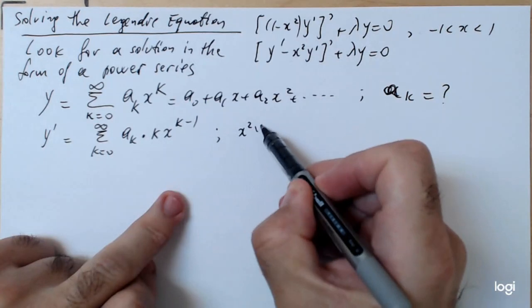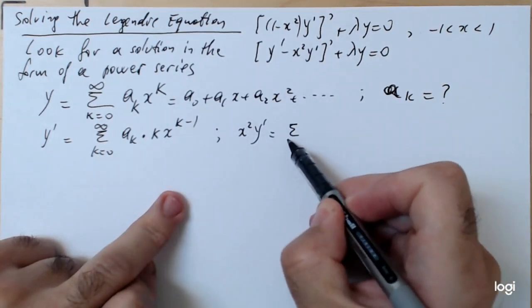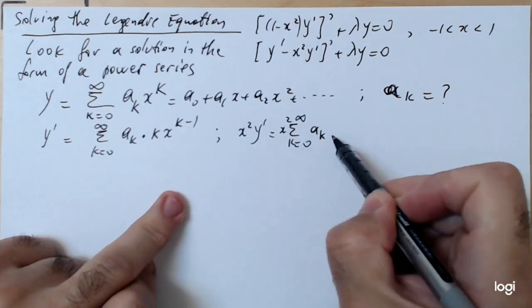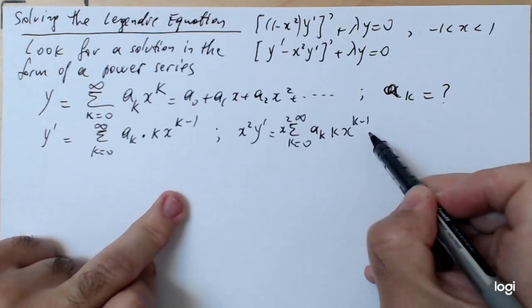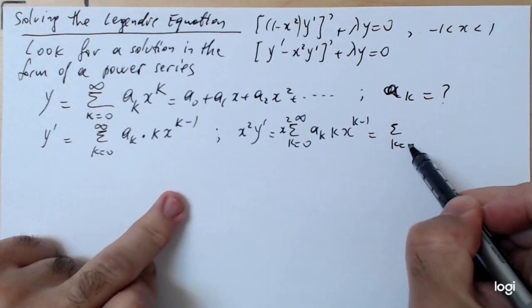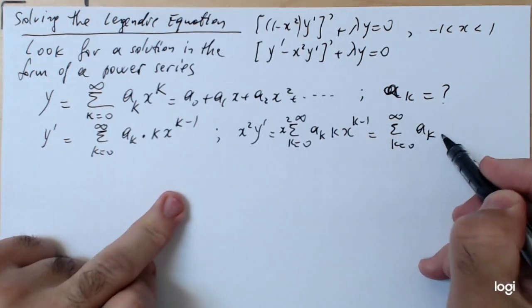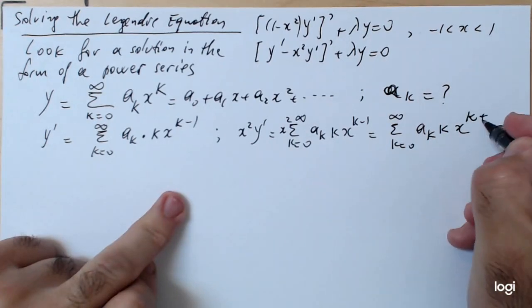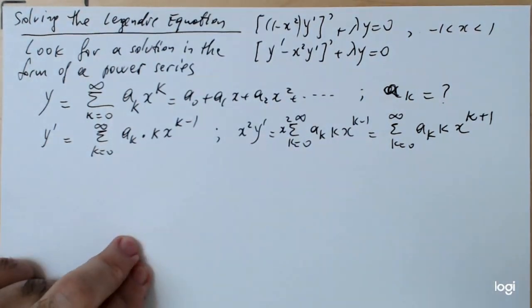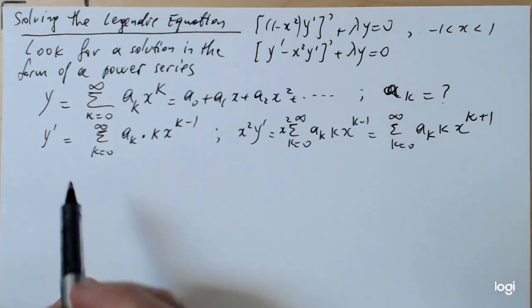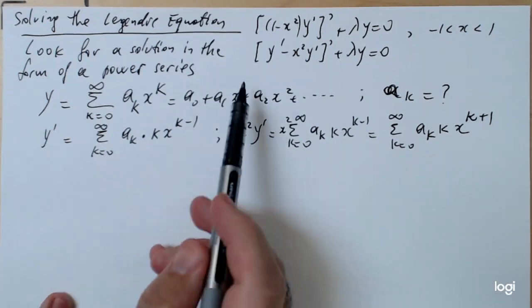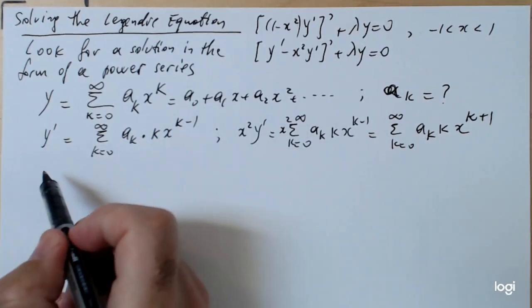So x squared y prime: x squared times the summation, bring the x squared inside. k minus 1 plus 2 becomes k plus 1. All right. Inside this derivative, we're going to have the difference of these two, y prime minus x squared y prime.